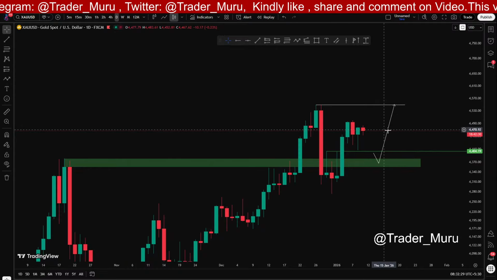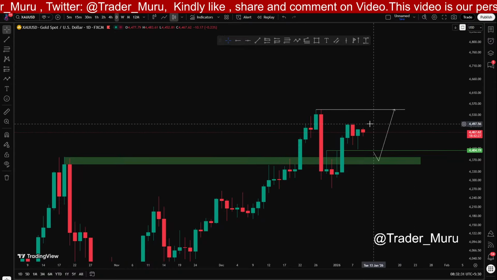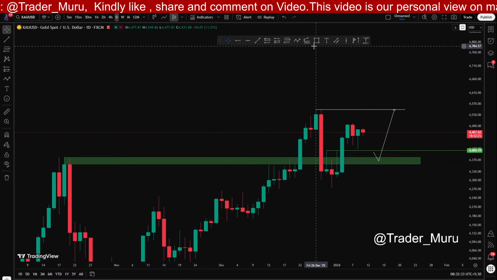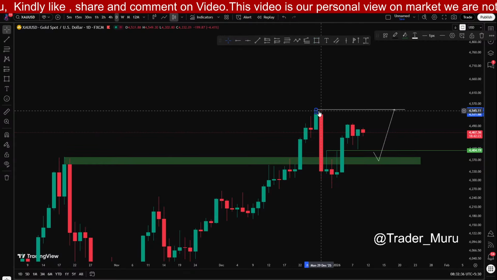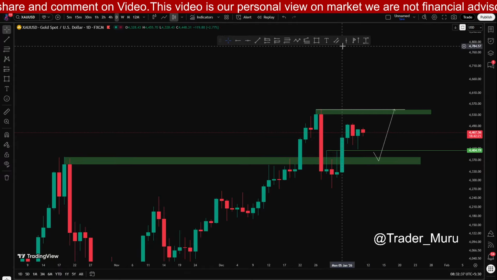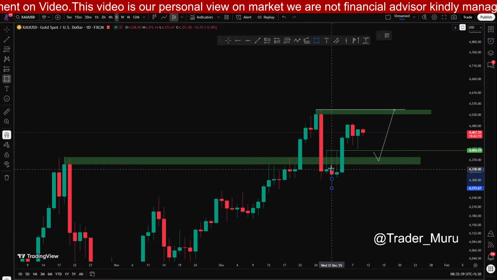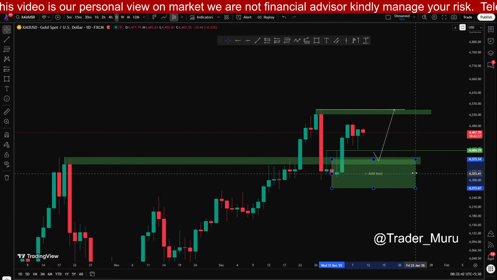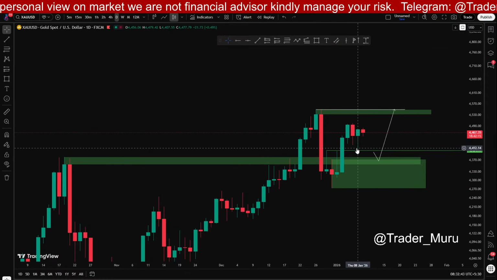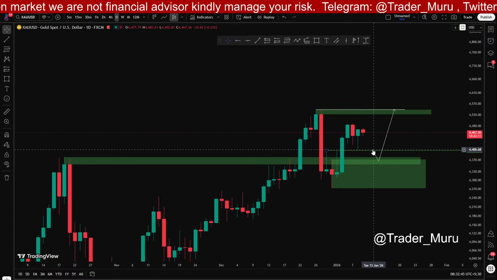Because after the breakout structure, as we know, we have two POI. First is this one and then the second POI will be this one here. And this will act as an inducement.